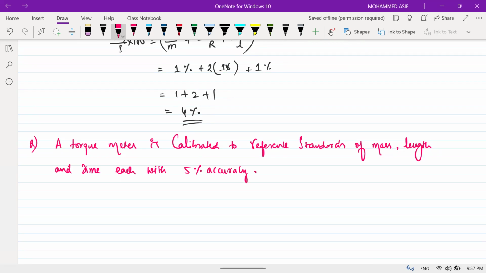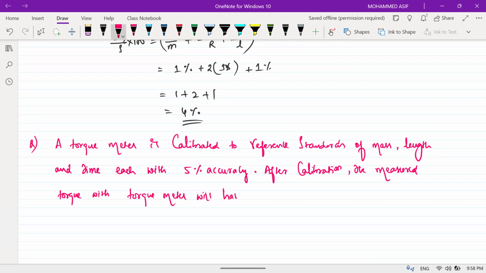After calibration, the measured torque with this torque meter will have a net accuracy. बताओ कितना?